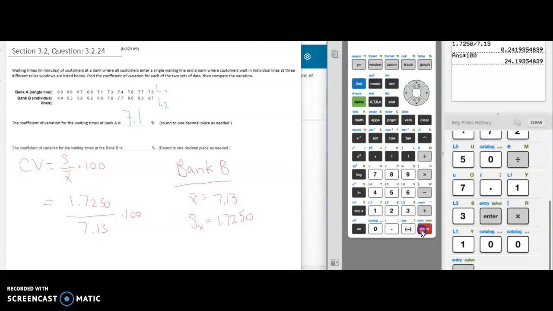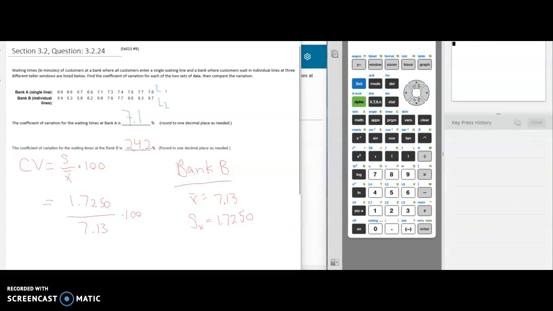And I get 24.19, which rounded to one decimal place is 24.2%.